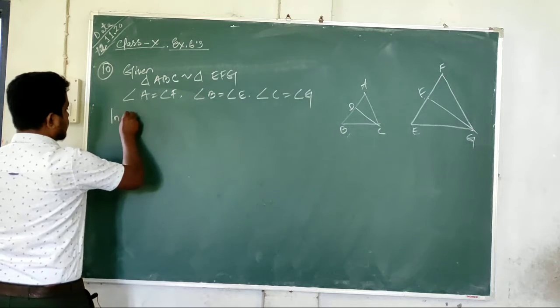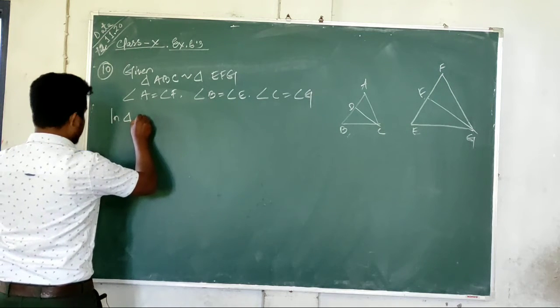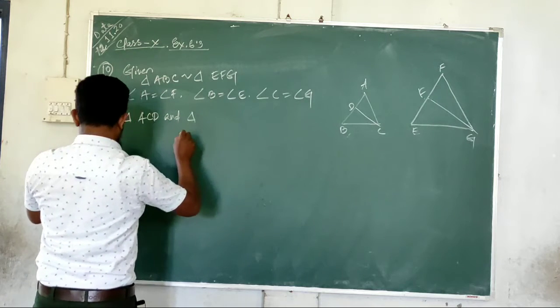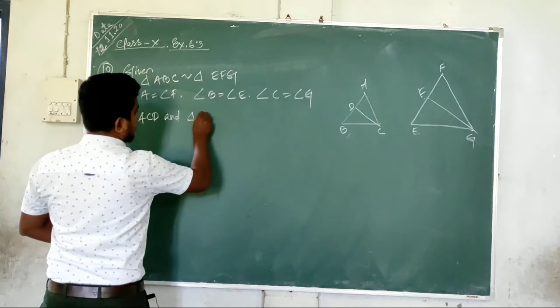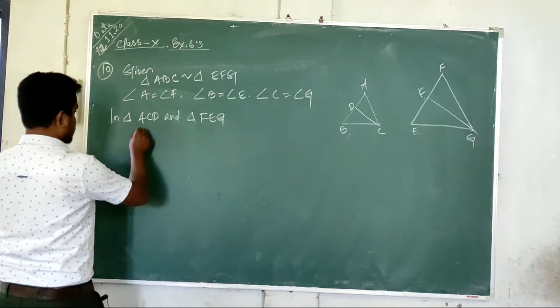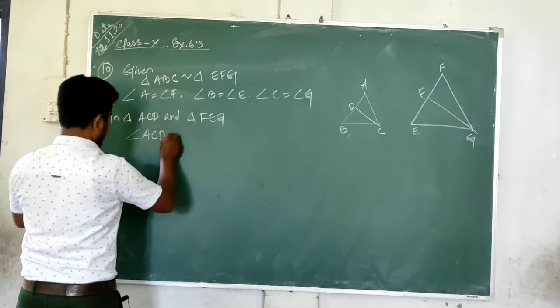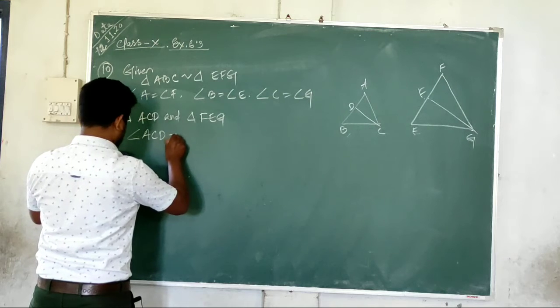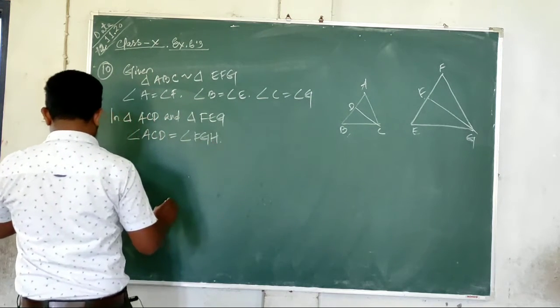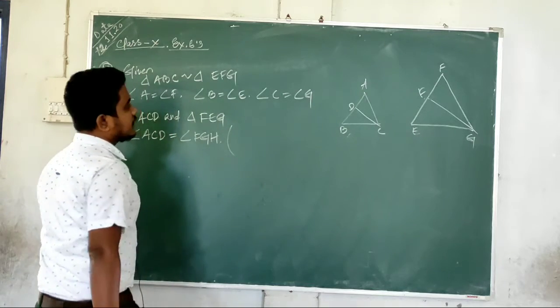So in triangle ACD and triangle FGH, angle ACD is equal to angle FGH.